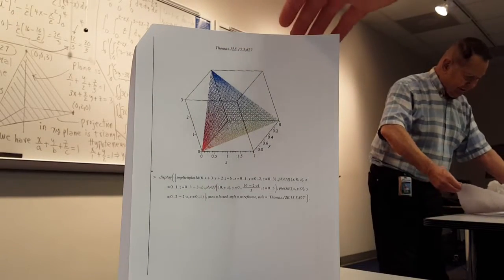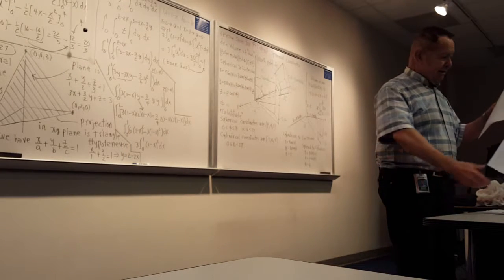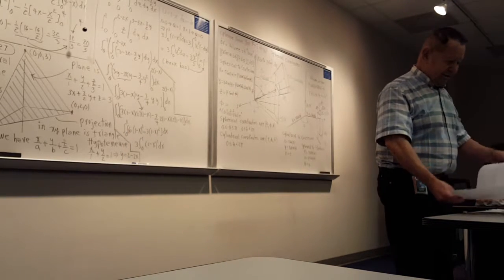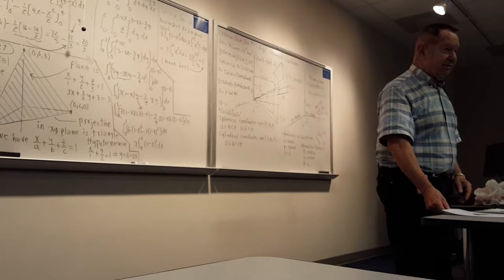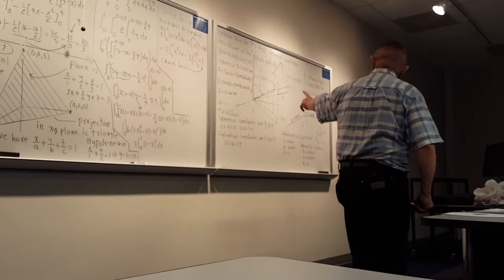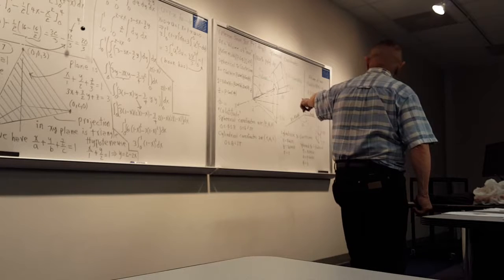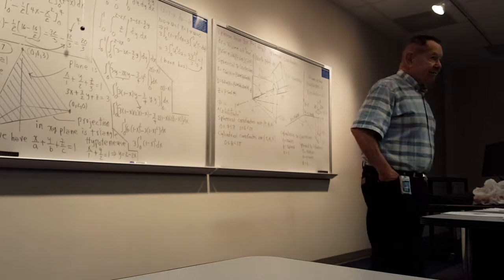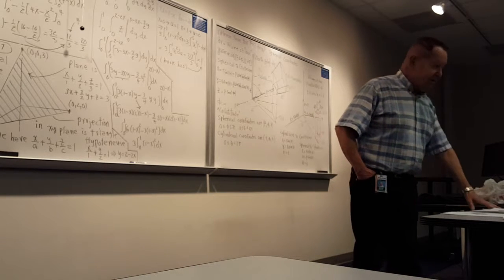Then the rest of what's here would go with next week, where we really are doing things in cylindrical and spherical coordinates, which I tried to introduce with the pictures that are over here and with your handout.